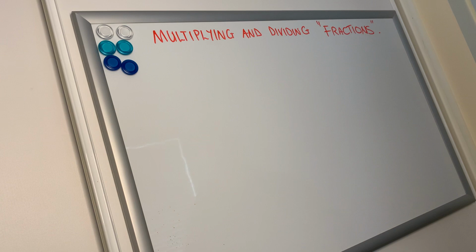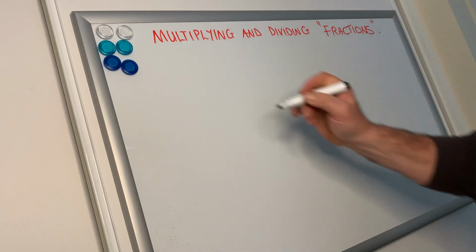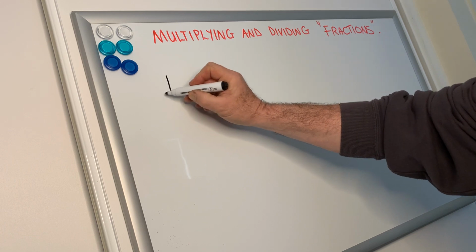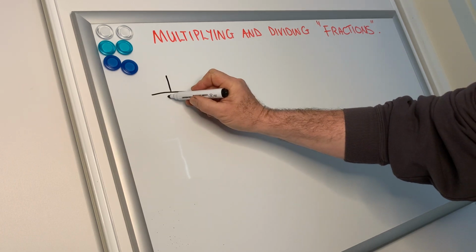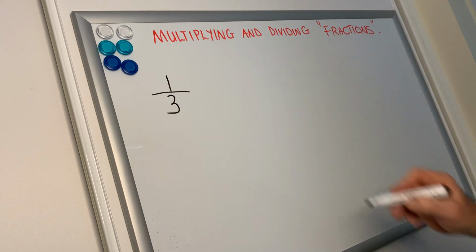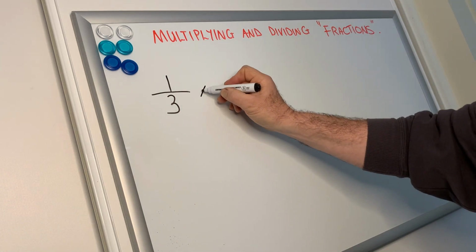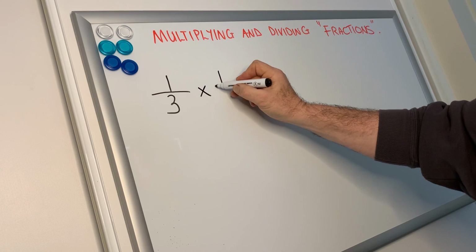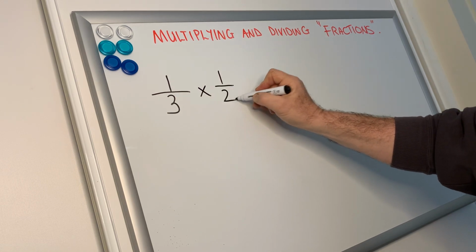Today we're going to be looking at multiplying and dividing fractions. A simple fraction being, let's say we take 1 over 3. Let's say we were to multiply 1 over 3 times 1 over 2.